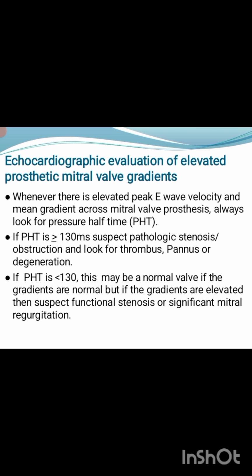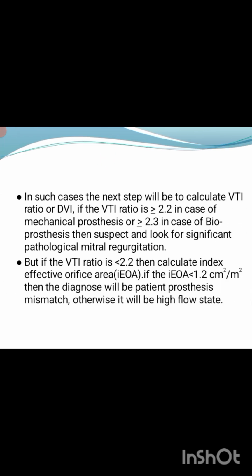But if the gradients are elevated, then suspect functional stenosis or significant mitral regurgitation. In such cases, the next step is to calculate the VTI ratio or DVI. If the VTI ratio is greater than 2.2 in the case of mechanical prostheses or 2.3 in the case of bioprostheses, then suspect and look for significant pathological mitral regurgitation.